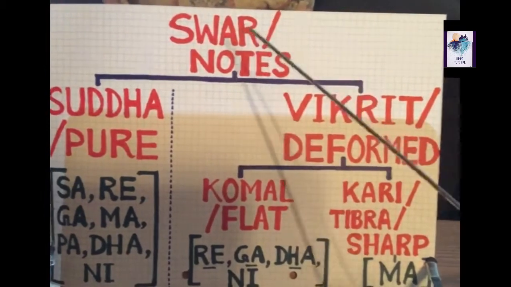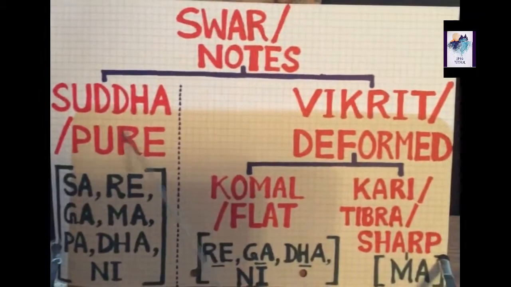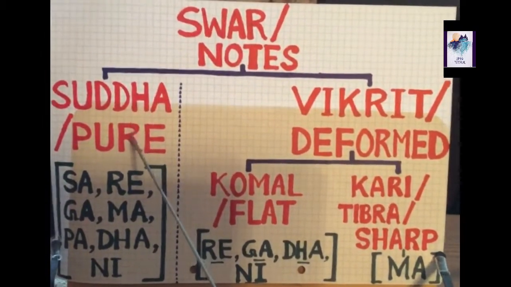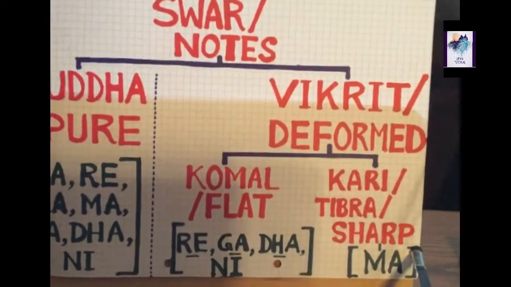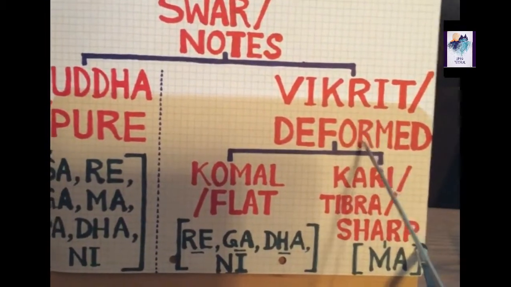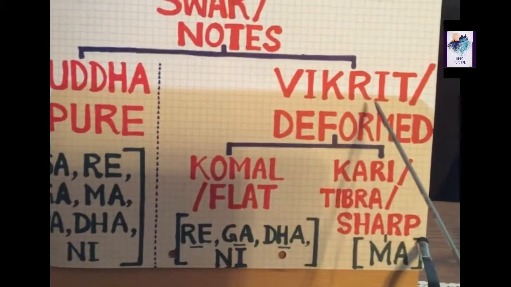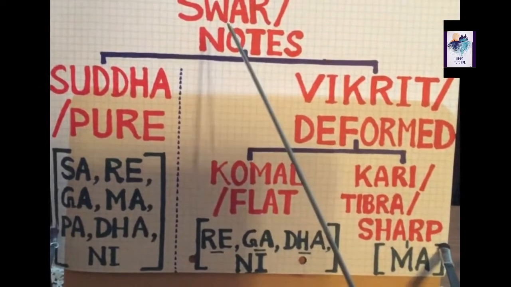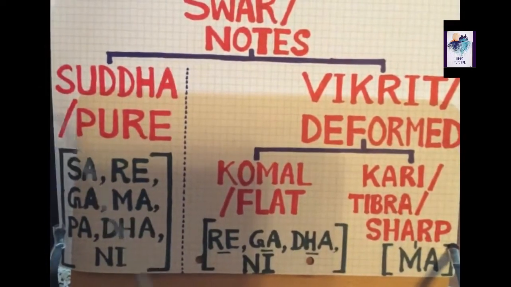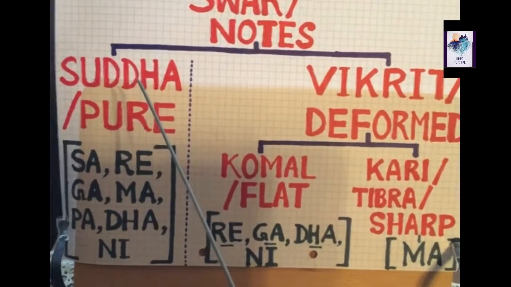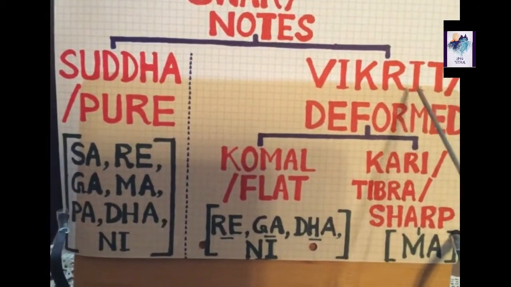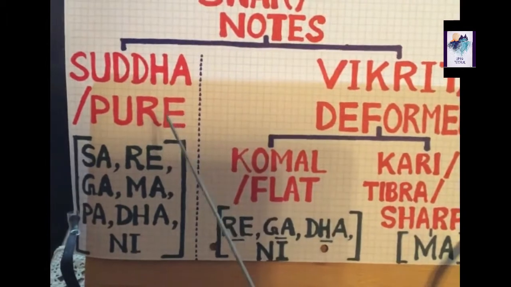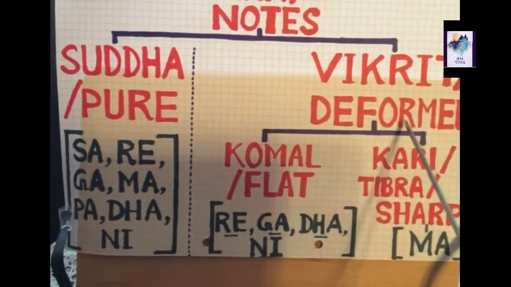Swars are of two types, Shuddha or pure notes and Vikrit or deformed notes. You have learnt that swar or notes are of two types, Shuddha and Vikrit, pure or deformed.